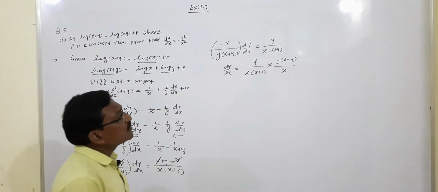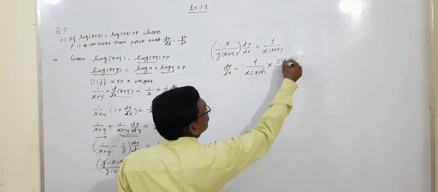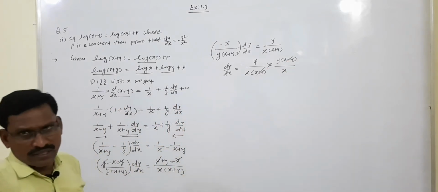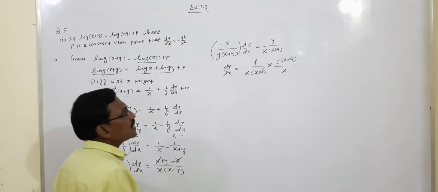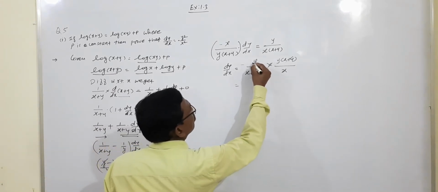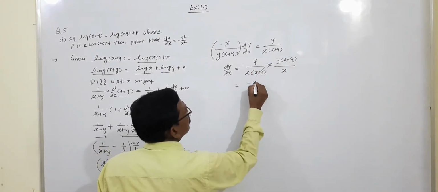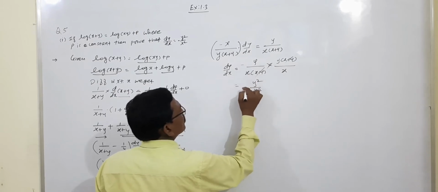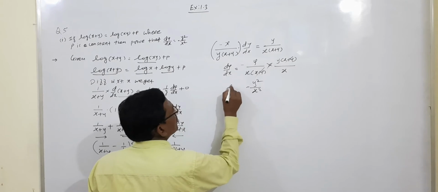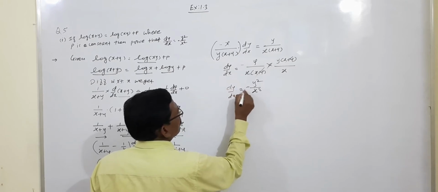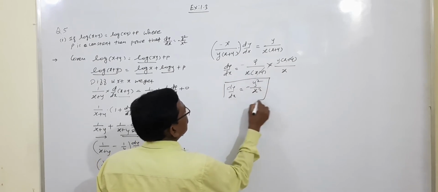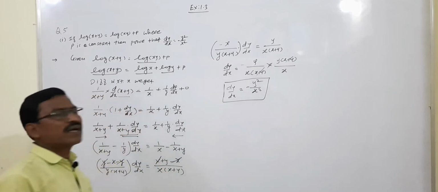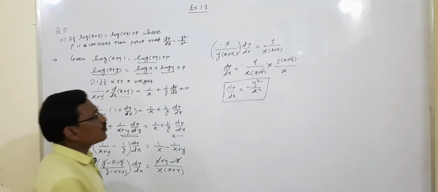Now again the same terms, x plus y, in numerator and denominator will get cancelled. It gives minus y into y, minus y square, divided by x into x, x square. Hence proved, dy by dx is equal to minus y square by x square.